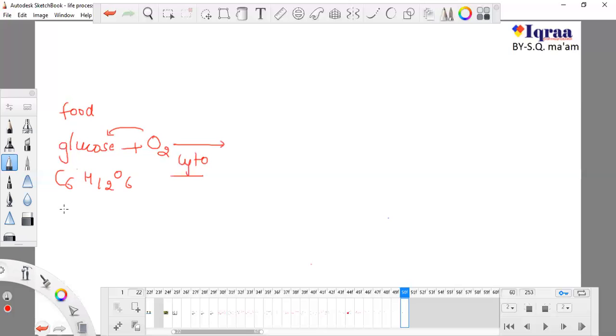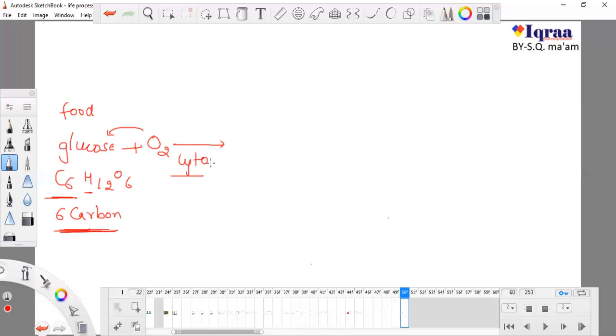This glucose is a 6 carbon molecule. Why am I focusing on carbon? You will learn in your fourth chapter why carbon is so important. Despite hydrogen having the number 12, I'm using carbon, because carbon is the most important thing in our body, and each time you denote something, you have to use carbon.